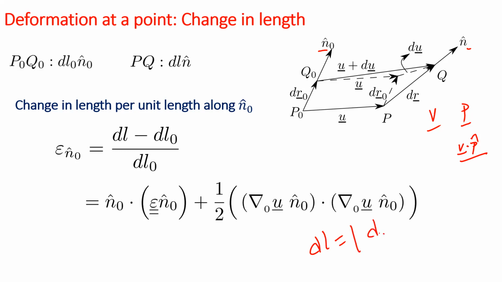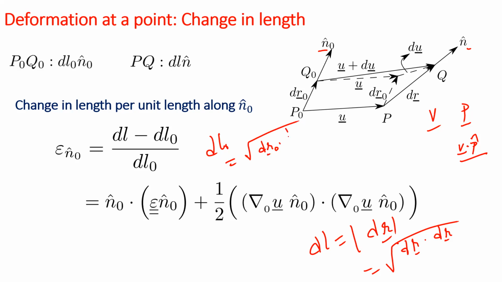And how do I calculate it? I simply need to take the dot product of dr with dr, right? And then write dr in terms of dr0. Likewise, what is dl0? dl0 is the square root of dr0 dot dr0.